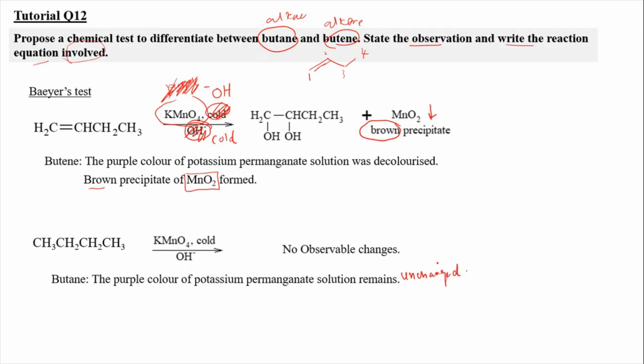Okay, and this is how we can differentiate between an alkene and an alkane. So an alkene will decolorize the purple color of the potassium permanganate solution, and at the same time will form manganese dioxide, which is a brown precipitate.